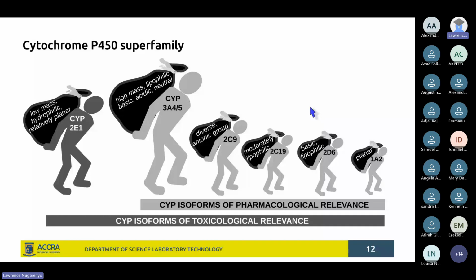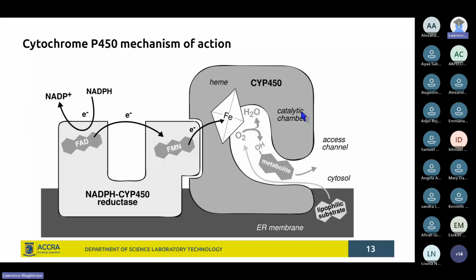All right. Now we can take a brief look at the mechanism of action of these cytochrome P450 enzymes. We did see that lots of this metabolic process occurs in the endoplasmic reticulum.